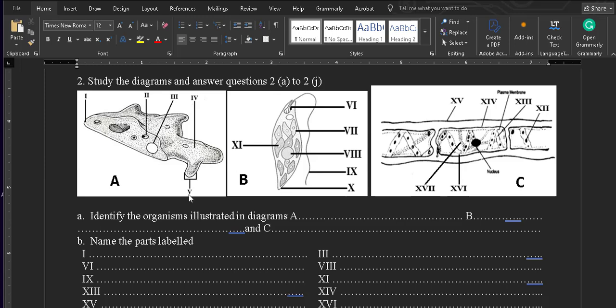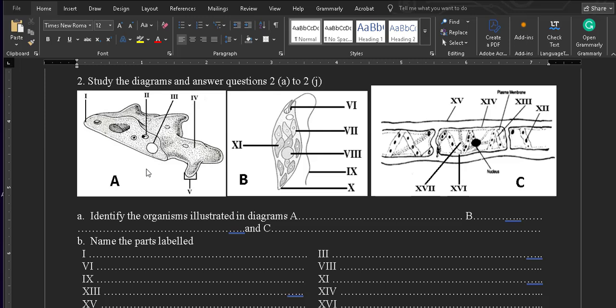All right, guys. We are back again to look at some more questions. This time we are going to be given 3 specimens or 3 organisms that we're going to use to answer some questions, right?